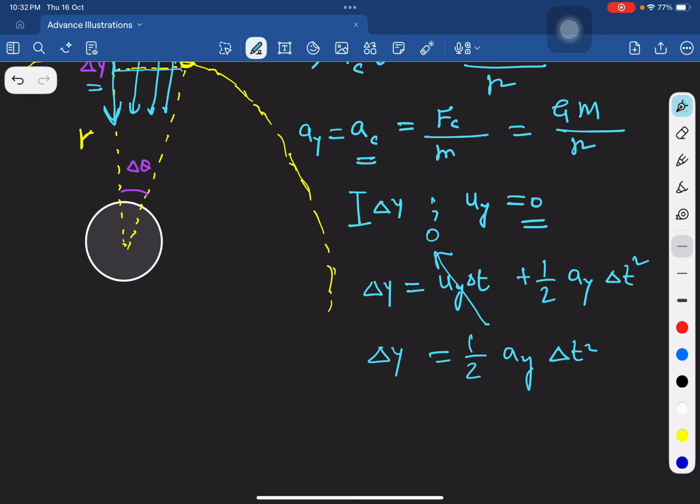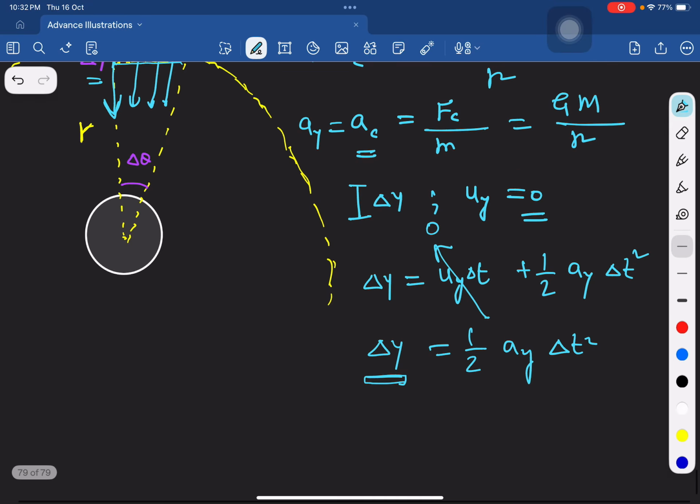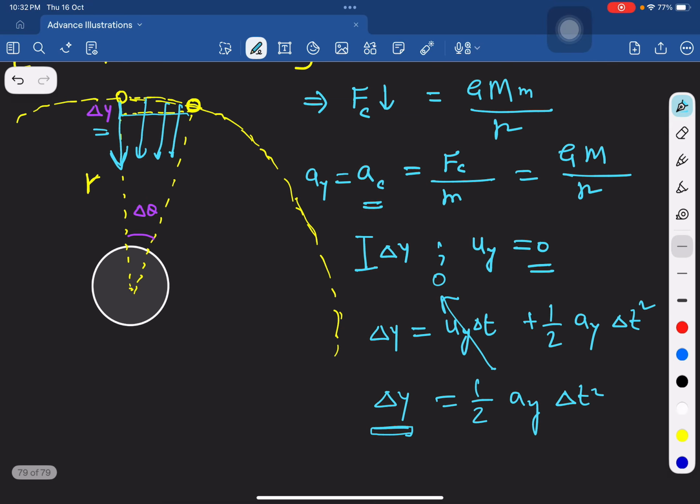Now guys, try to understand here. The thing is that this delta y we can replace with something, okay. If you see, this delta y is equal to half a delta t square.